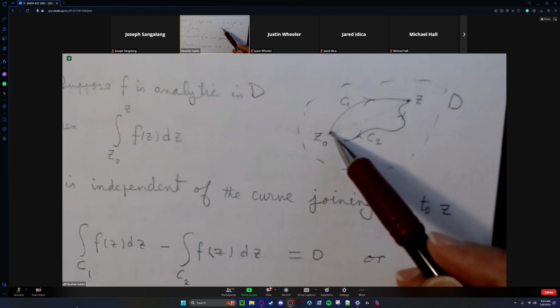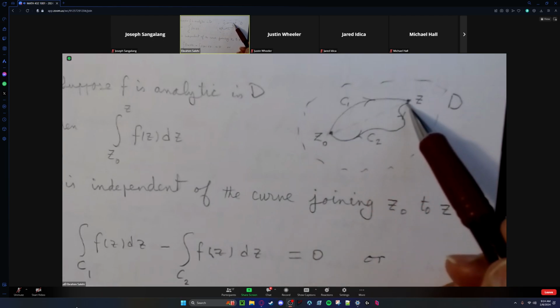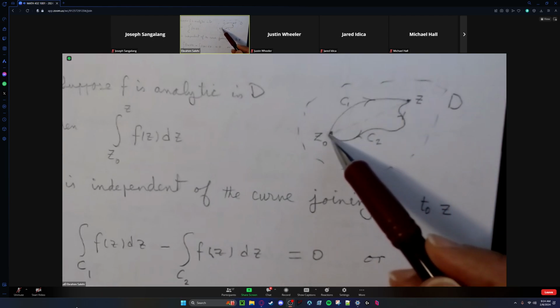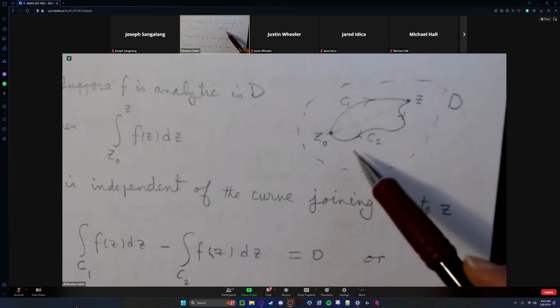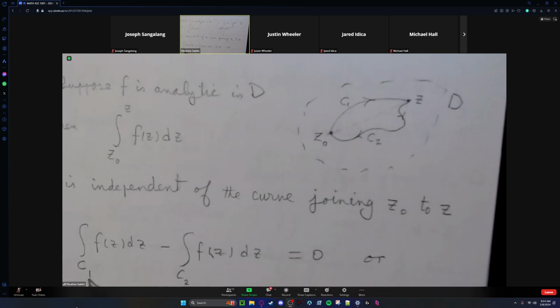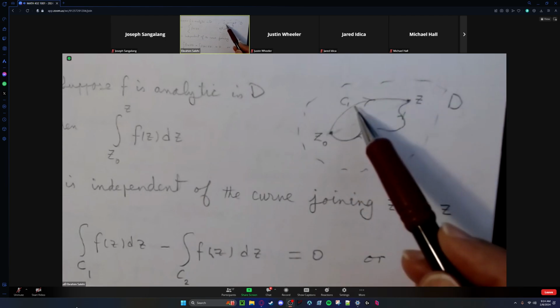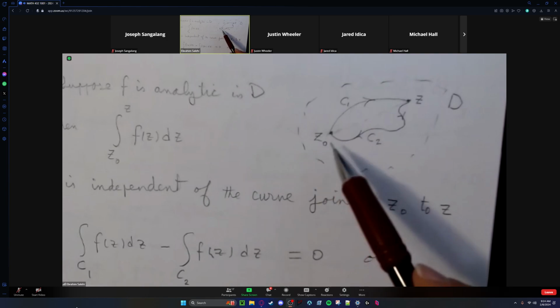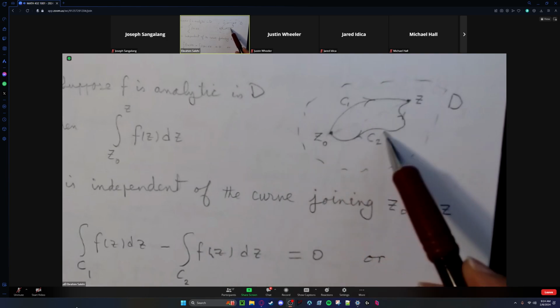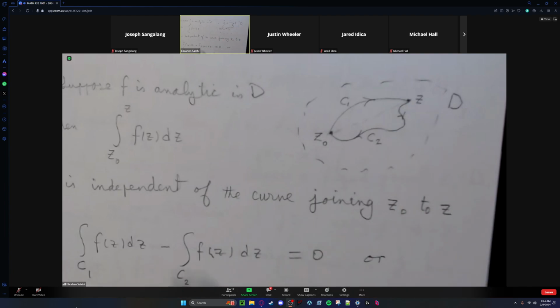But we can change the direction here, and the effect will be a negative sign. That means going from z0 to z on C1 and going from z0 to z on C2 will be the same.